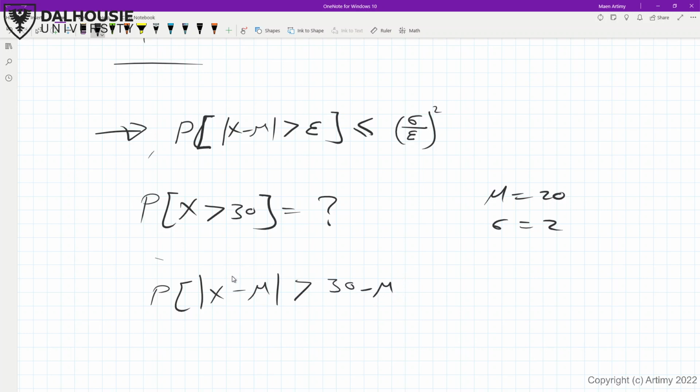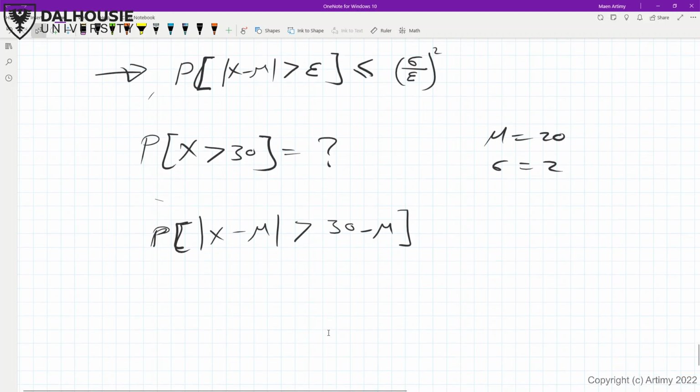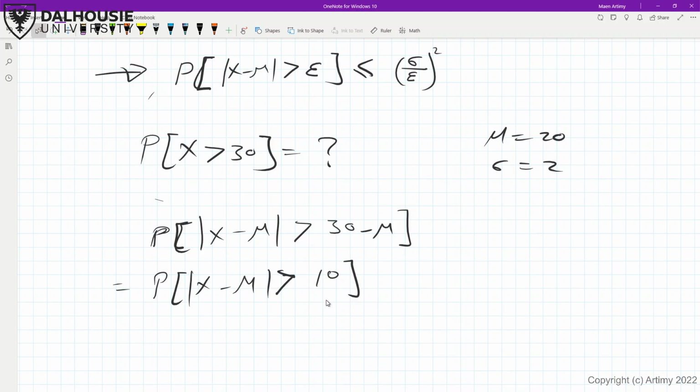So if I continue, this is equal to x minus mu greater than, since mu is 20, 10. So this becomes epsilon.